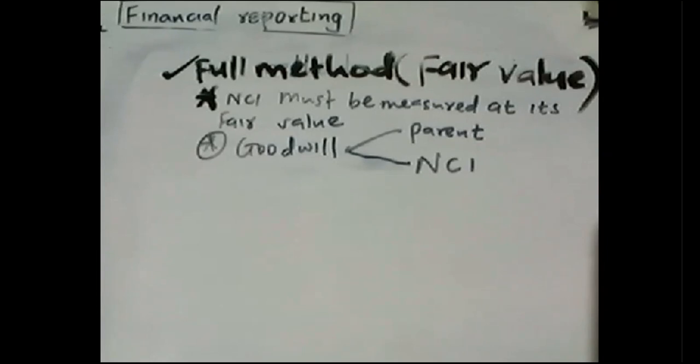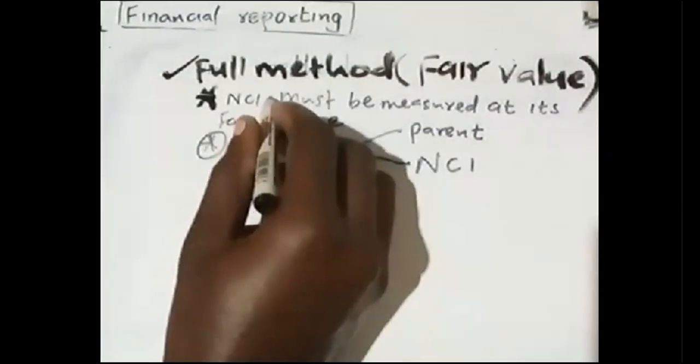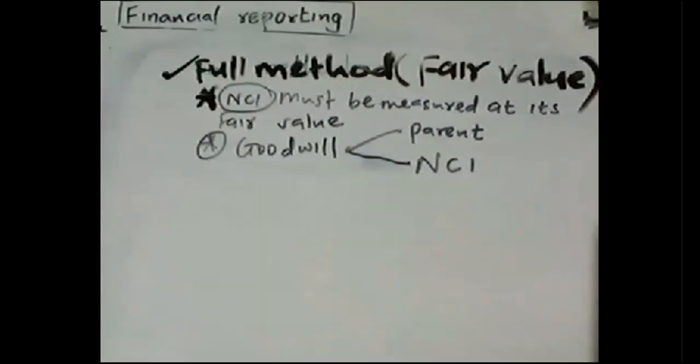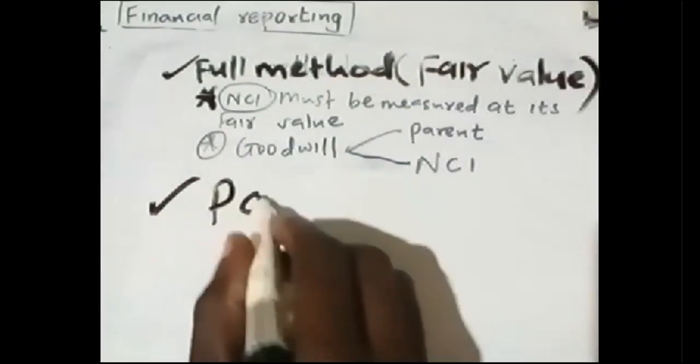So in order to use the full method, the NCI must be measured at its fair value, so you must be told that the fair value of the NCI was a certain figure. Then the goodwill you get will be attributable to the parent and the non-controlling interest.